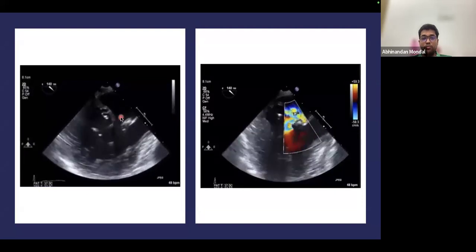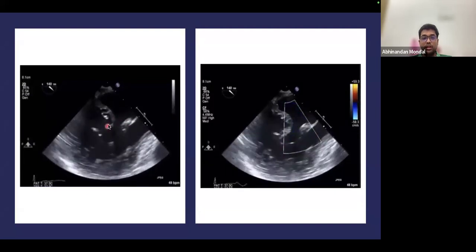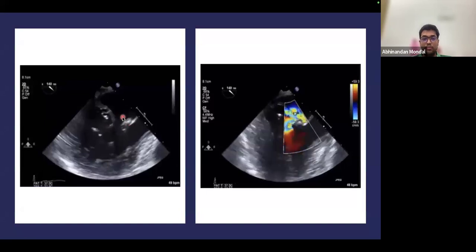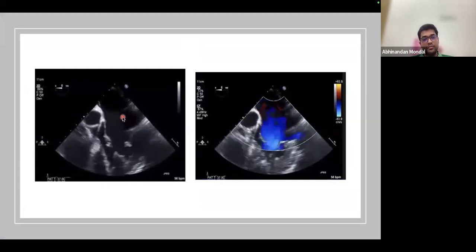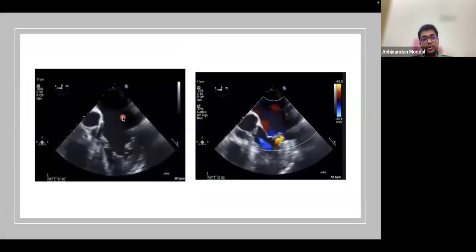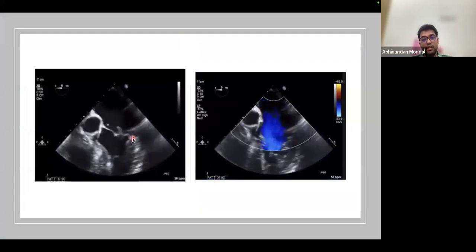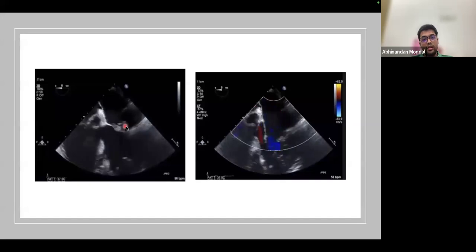And at the end of the loop, you can see there is a ruptured chordae also. Now in this image, you can see the leaflet.